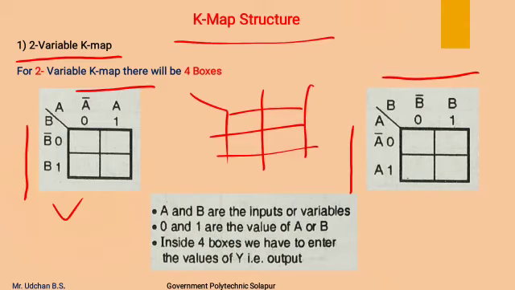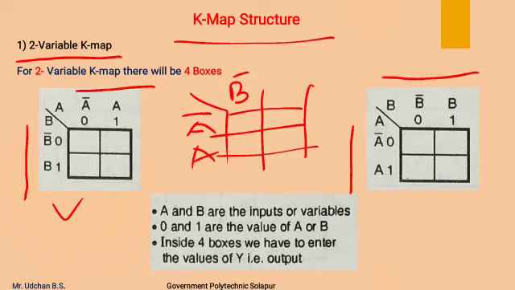So if we consider the two variables as a and b, we can represent this position as a bar b bar, and this as a b bar. This is one method to write the K-map.